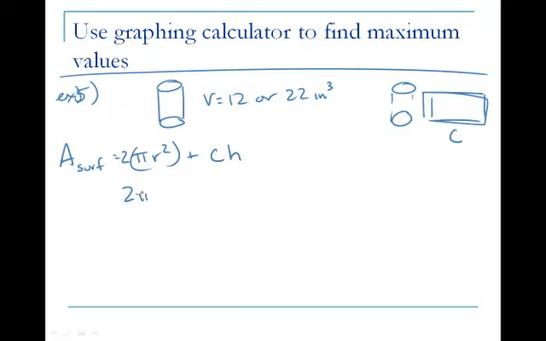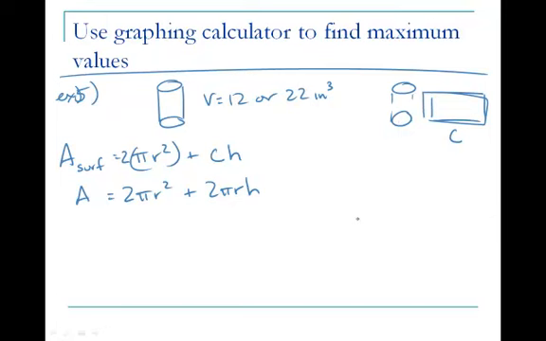So I've got 2 pi r squared plus circumference, 2 pi r, times h. So that's my surface area in terms of r and h. That's part A. Express the surface area of the can as a function of the radius.